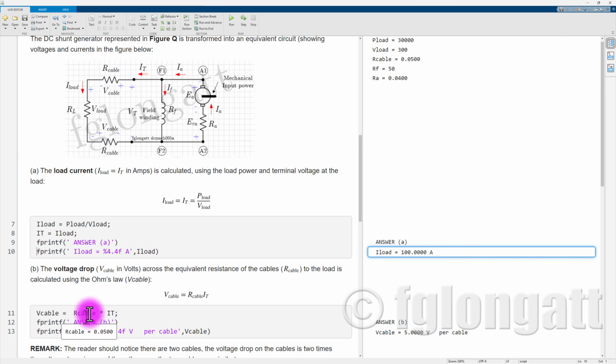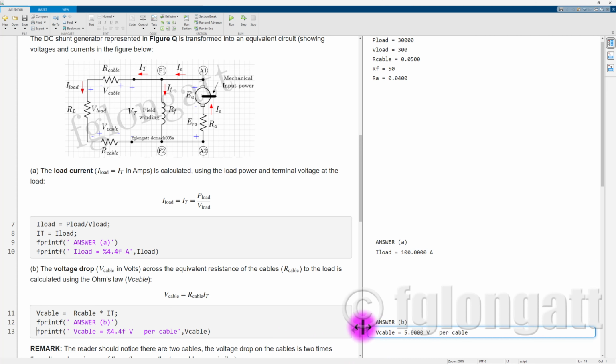So in this case, we know that the cable is 50 milliohms multiplied by 100 amps that we already calculated in the previous question, and we obtain that the voltage drop across this cable over here is 5 volts. But remember, we have two cables, so the total voltage drop through the connection system will be 10 volts.